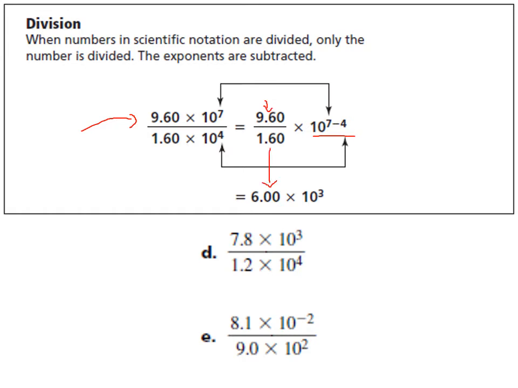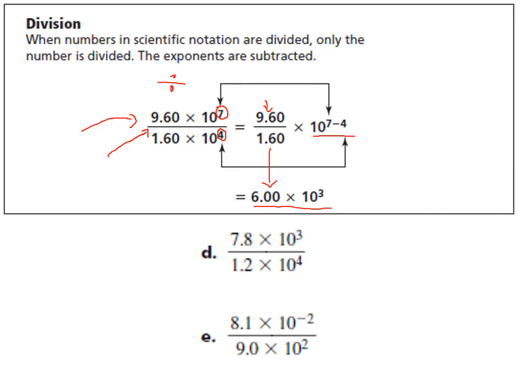We kept it to 3 significant figures, multiplied by 10 to the power of something. We have 7 on top, 4 on the bottom. Since there's a division, we subtract: 7 minus 4, the top one minus the bottom one, and you get 10 to the power of 3. This line, in case you're not familiar with it, simply means division. It could have been written with the division sign that you're used to. But when you have something over something with a line there, it means division.